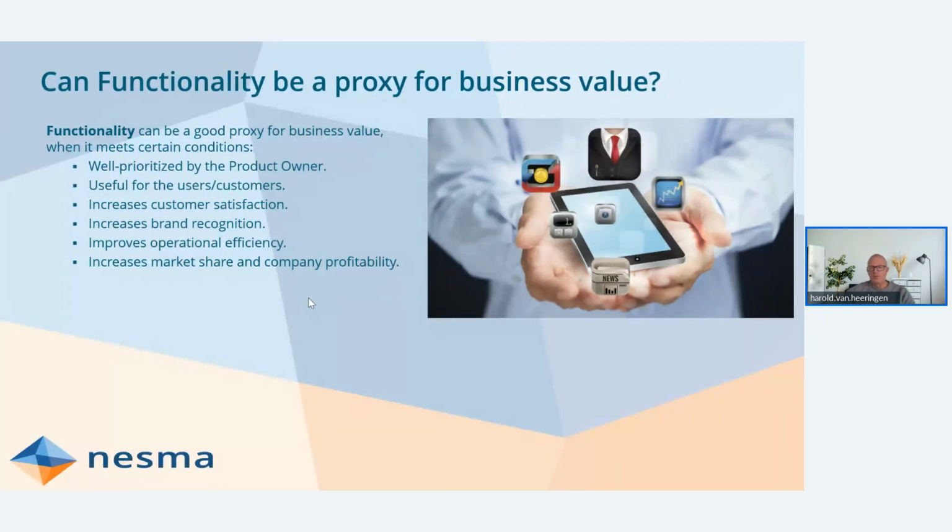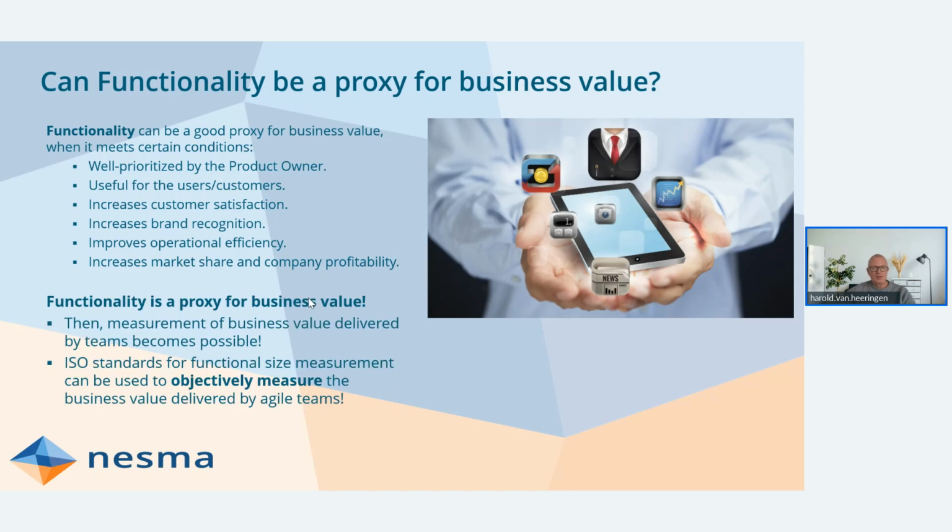If you develop functionality that doesn't serve a goal, then you produce functionality, but it's not considered business value. So it should be functionality that is meeting a demand. It should be useful for the customers or the users, and increase customer satisfaction or brand recognition, or all the things that we just listed.